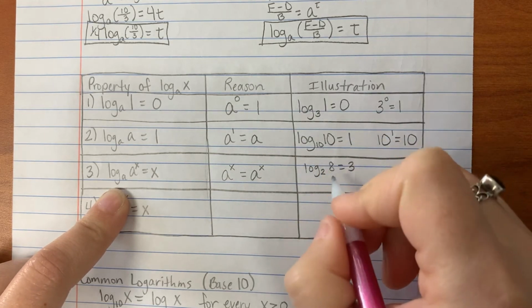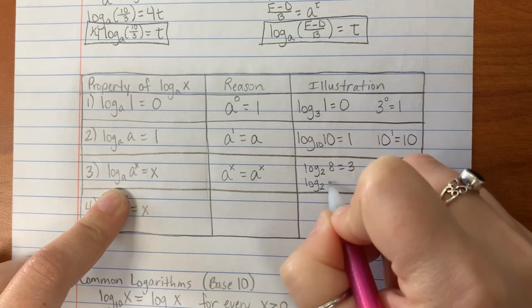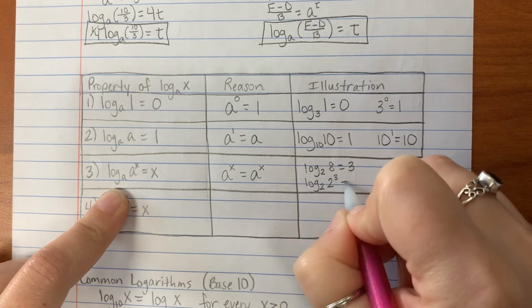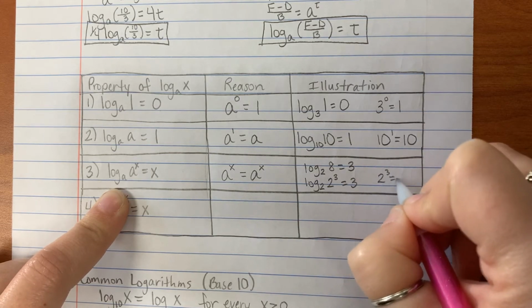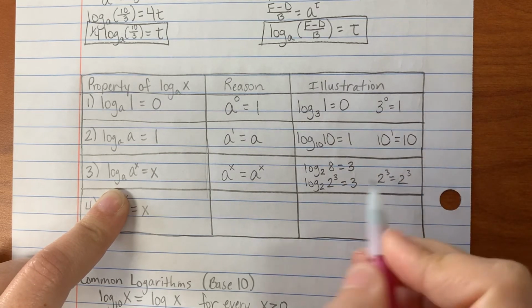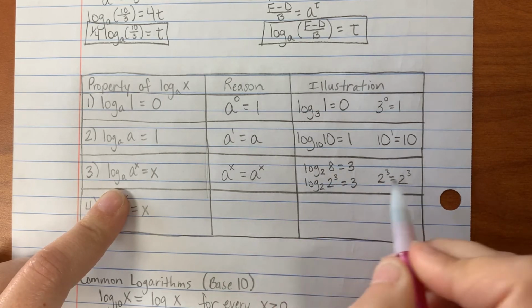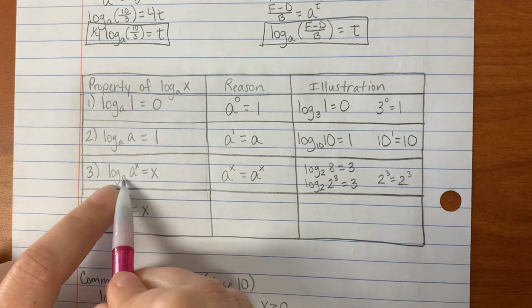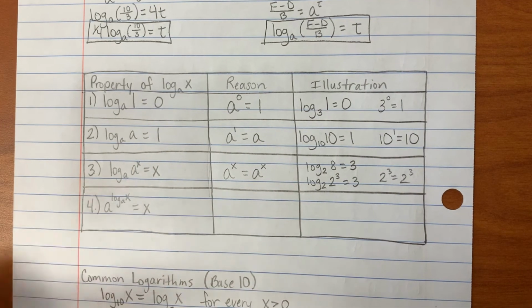Why is that? Well, that's because 8 is the same thing as 2 to the third power, right? And we know that 2 to the third power equals 2 to the third power, right? So that's where this comes from. 8 is the same thing as 2 to the third, and 2 to the third equals 2 to the third. So this is true for all values of a and x in this case.